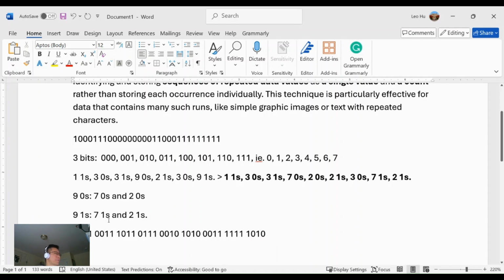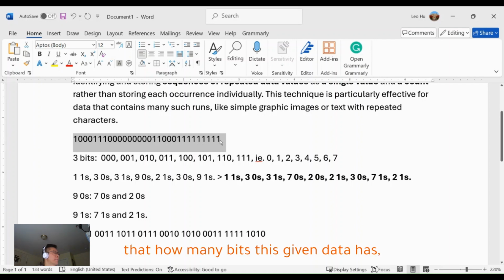So what is the compression? How many bits does this given data have?